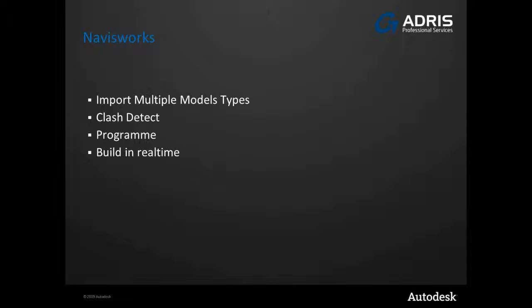You can mark up, so you can create views and produce markups within those views for later distribution to other team members. It has a clash detection module, so having incorporated these designs from lots of different systems, you can use Navisworks to do clash detection within the constituent parts.